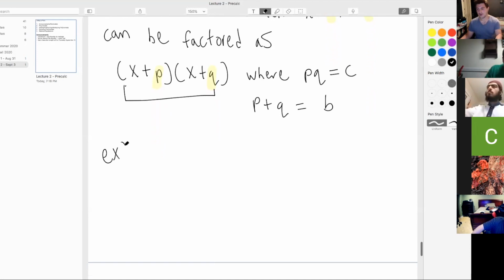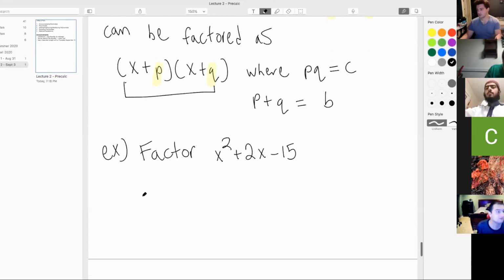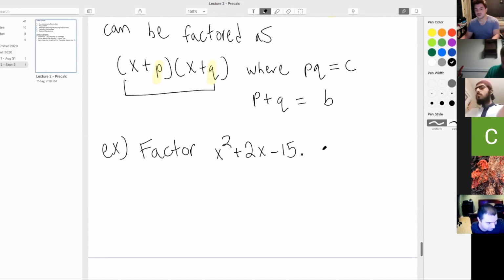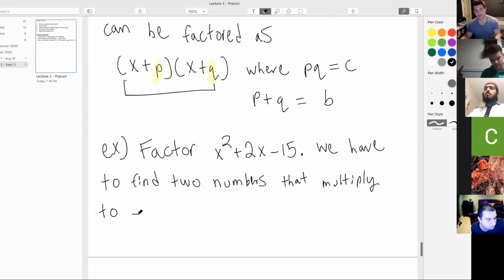Here we go. Factor x squared plus 2x minus 15. We need to find two numbers that multiply to the constant term, negative 15, and add to 2.